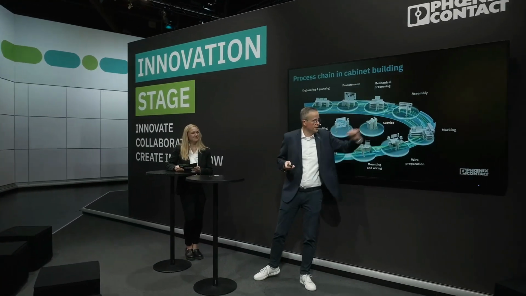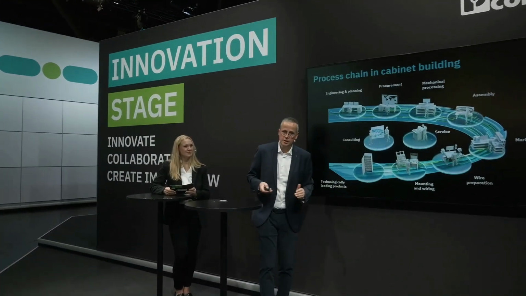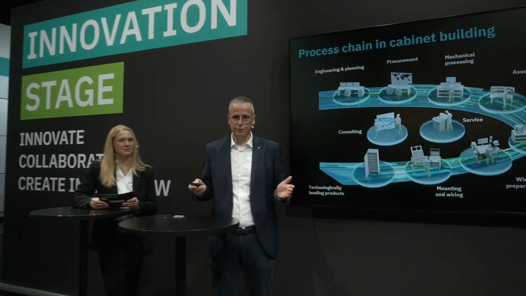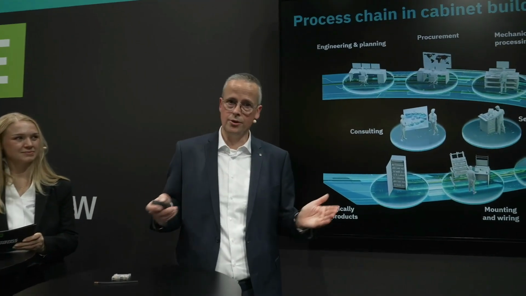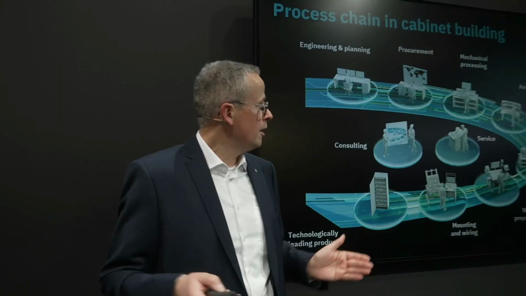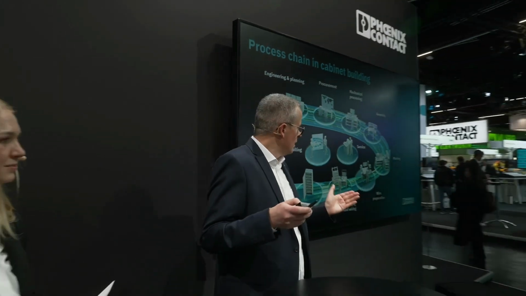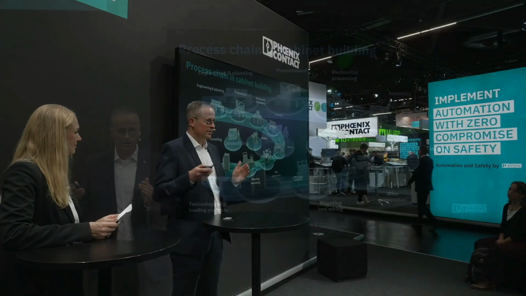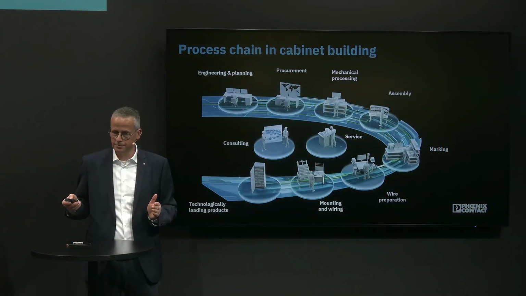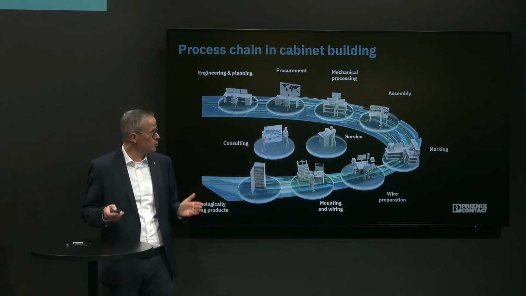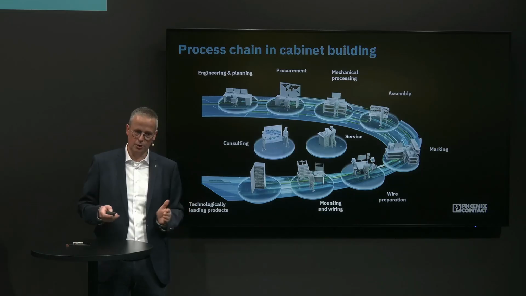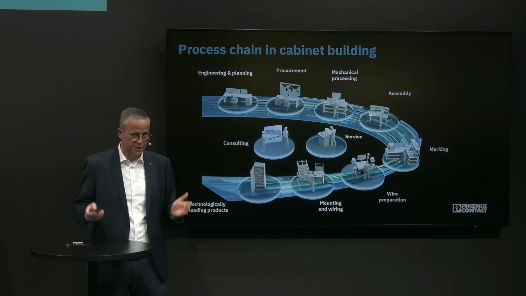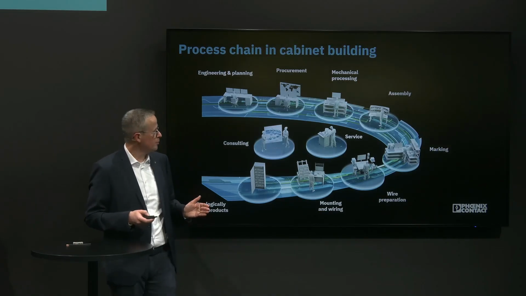Then the point assembly, behind this we have products like our basic line or even the master line in mind. So there you can implement the building of terminal strips in your own production. So this is also a way to increase the efficiency in control cabinet building.